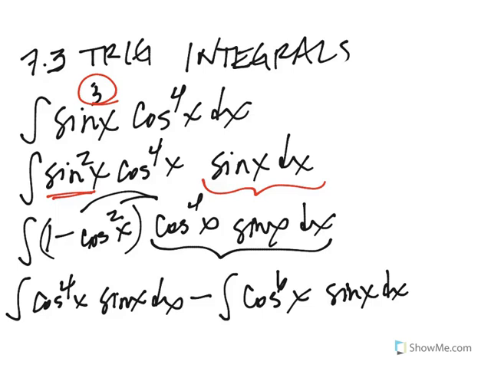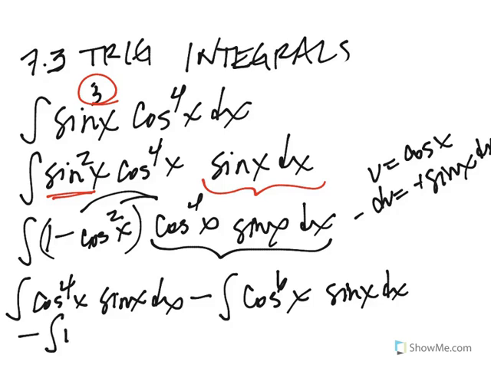For both of these integrals, I can let u be the cosine of x. Du then is negative sine of x dx. I don't need the negative. Doing the substitution then gives me the negative integral of u to the fourth du plus the integral of u to the sixth du.